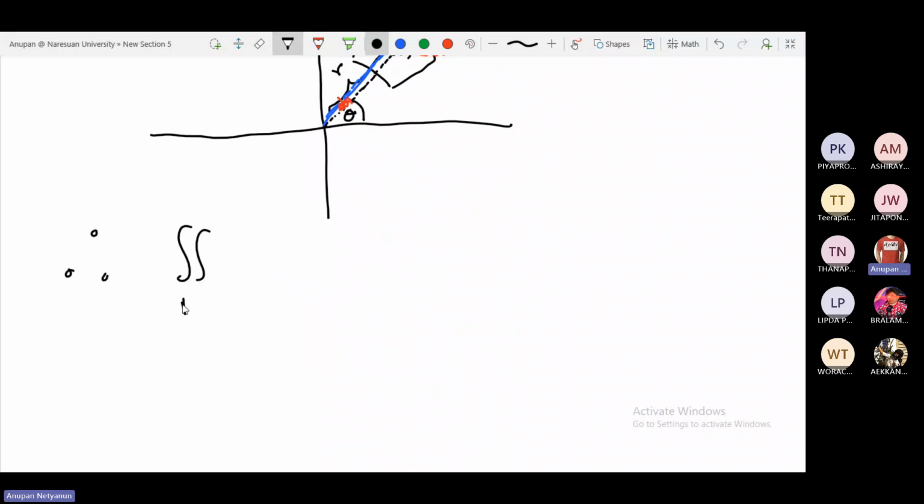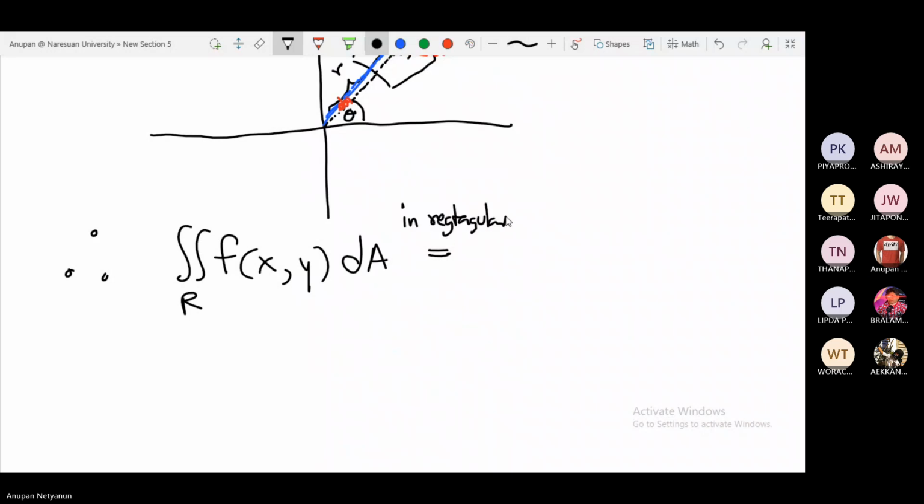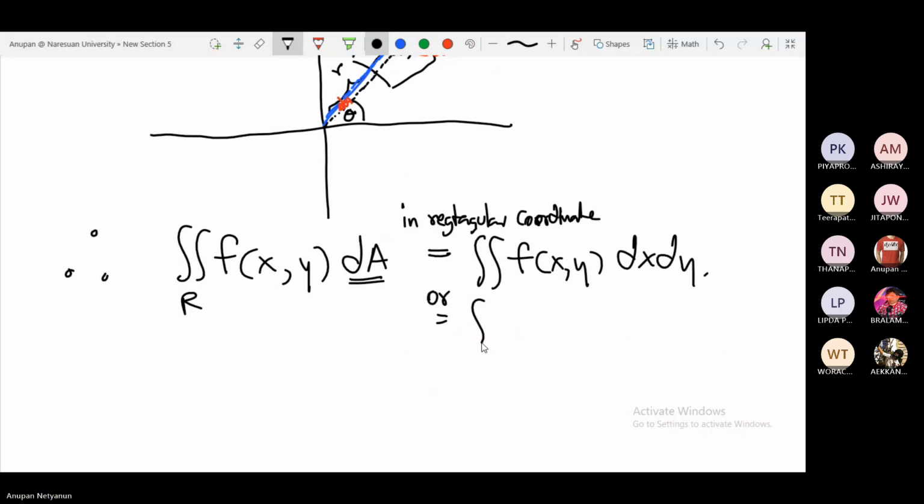So we have a double integral over region R of a function in x and y, dA. Okay. If in the rectangular coordinate system, you change dA into either dx dy or dy dx, right?